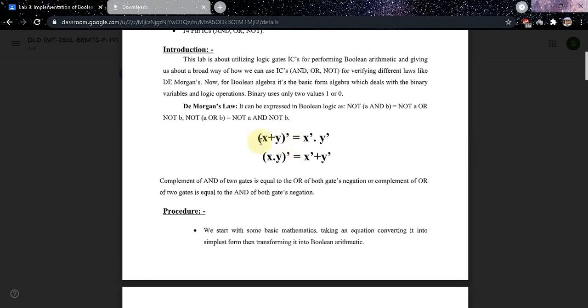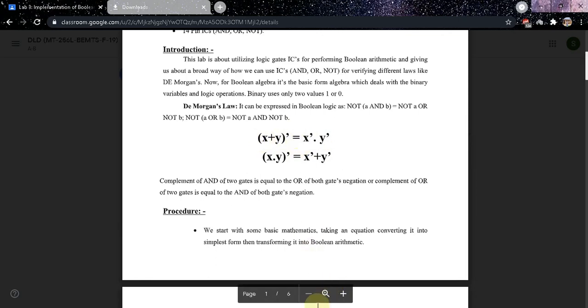If we talk about De Morgan's law in the words of digital logic design, we can say that these are two inputs x and y, and this equation is stated as x or y whole complement, or this complement is known as NOT. So x or y whole NOT equals x NOT and y NOT.